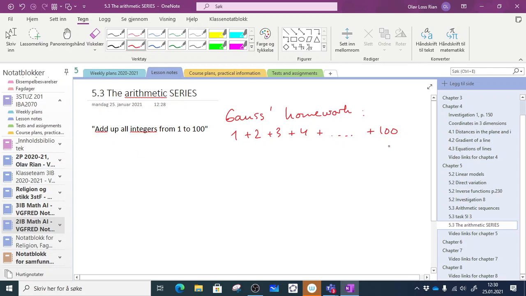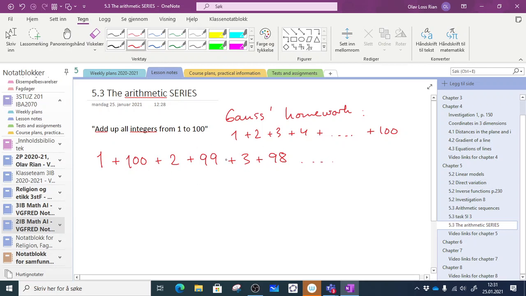Because this is a sum, so it doesn't matter which way you order it. So that means you're allowed to start with 1 plus 100 if you want. You can continue with 2 plus 99 plus 3 plus 98. I mean, so that should amount to the same thing, right?